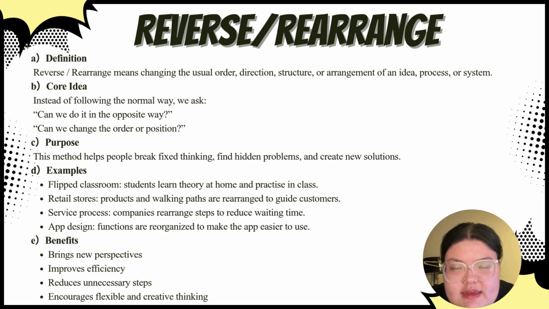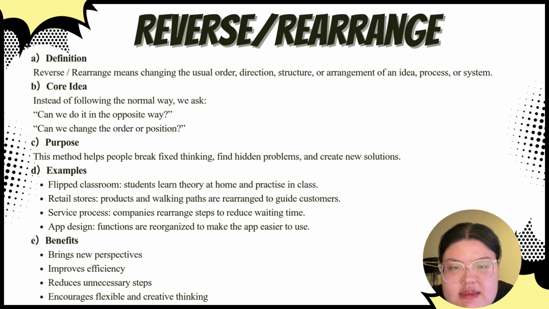One common example is a flipped classroom. In a traditional classroom, teachers explain knowledge in class, and students do homework after class. But in a flipped classroom, this order is reversed. Students first learn the basic theory at home, usually through videos or reading materials.